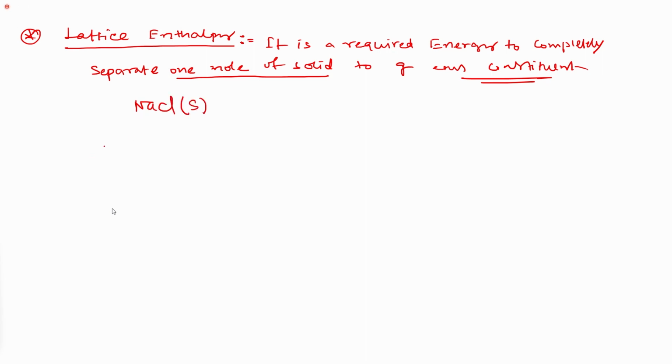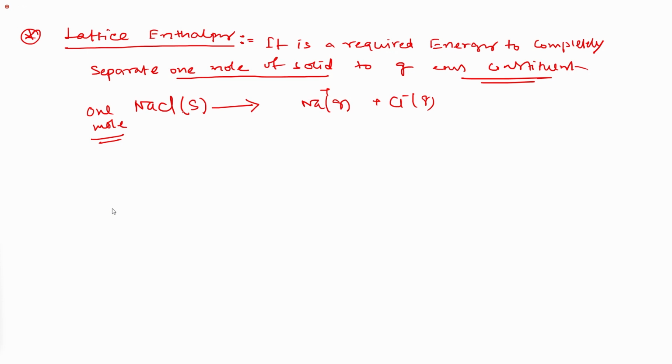Here NaCl is a solid. To separate it into sodium ion and Cl minus ion, suppose this is one mole of NaCl solid, now I am going to separate it as Na plus gas and Cl minus gas.